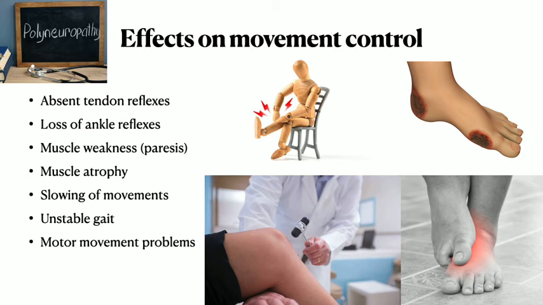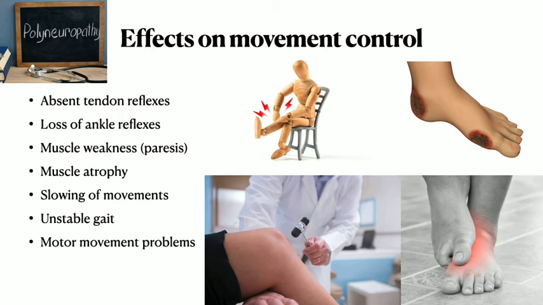Okay, looking at the effects on movement control, we know that as diabetic polyneuropathy progresses, symptoms of distal sensory loss, absent tendon reflexes, muscle weakness, and muscular atrophy all have an adverse effect on movement control.